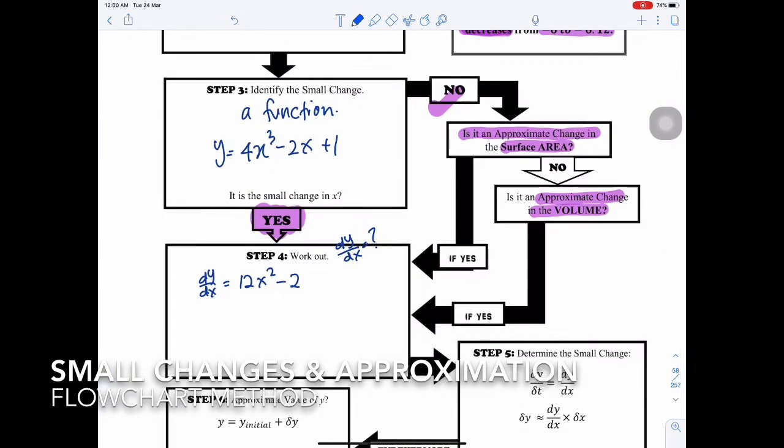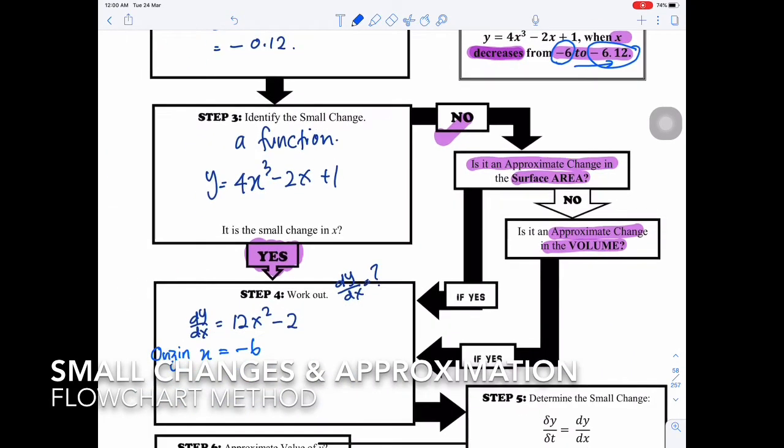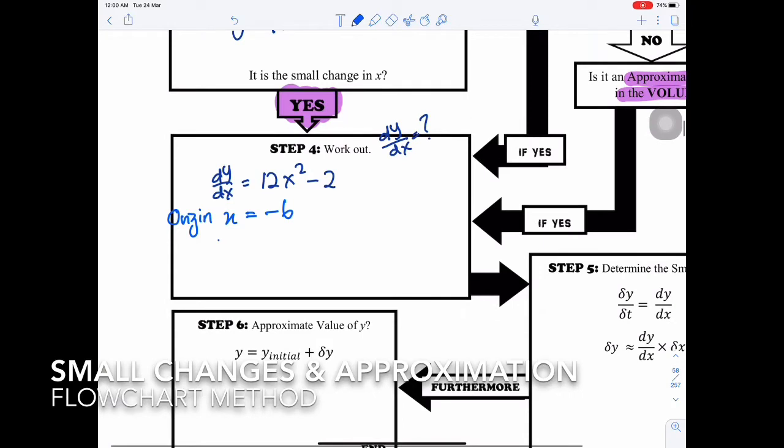The original value of x is actually negative 6, because the small change in x starts from negative 6 to negative 6.12.